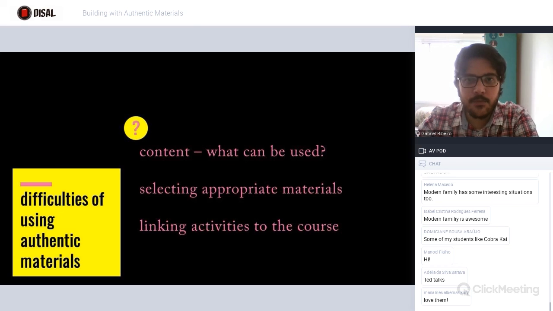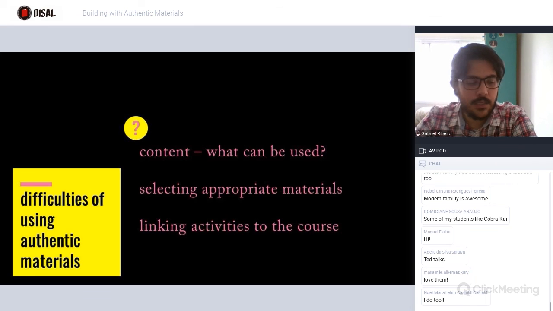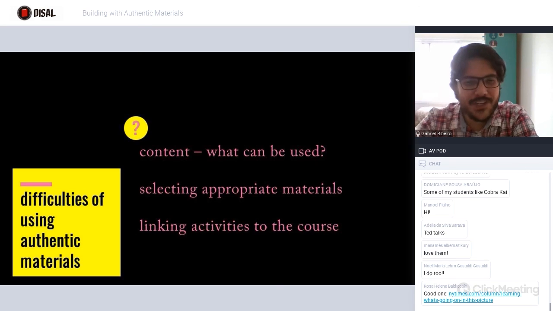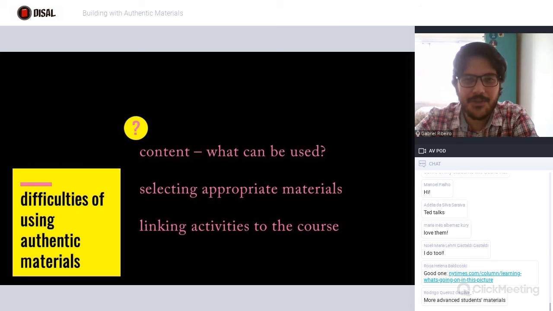Then you watch it again to make sure that there are no structures that are going to create more problems than solve for you, you know? You know that your students are going to be very curious about this use of past perfect here, and you don't want to go there yet, right? So you need to be careful.